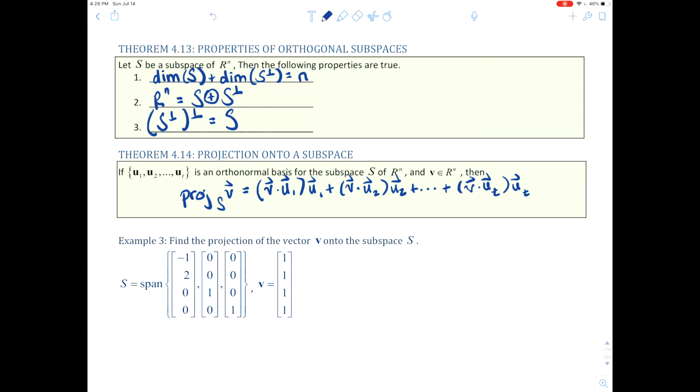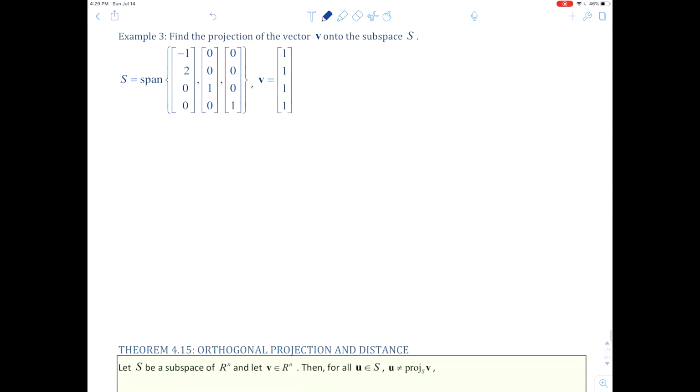Cool? So notice that you're going to end up getting a vector out, because each of the dot products will be scalars, and then you'll be multiplying each scalar to a vector. Okay, so find the projection of the vector V onto the subspace S. S is equal to the span of these vectors here, and V is equal to 1, 1, 1, 1.